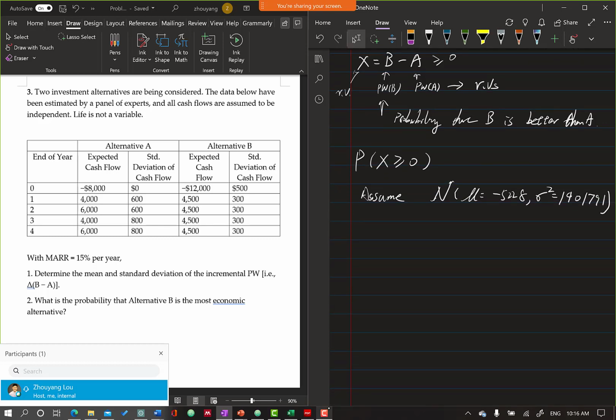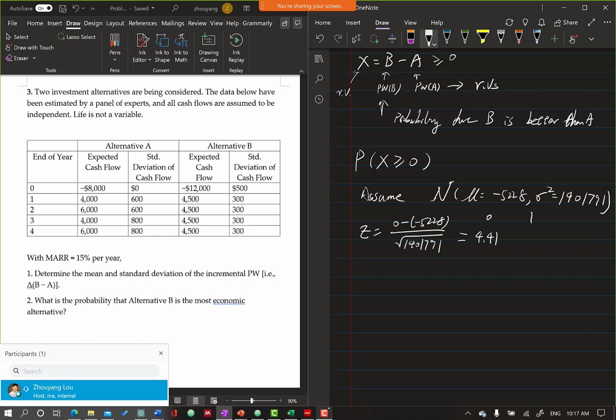And to find the relative position of the value 0 in the standard normal distribution with the mean 0 and variance 1, we need to calculate the z statistic. So 0 minus the mean, divided by the standard deviation, which is about 4.41.